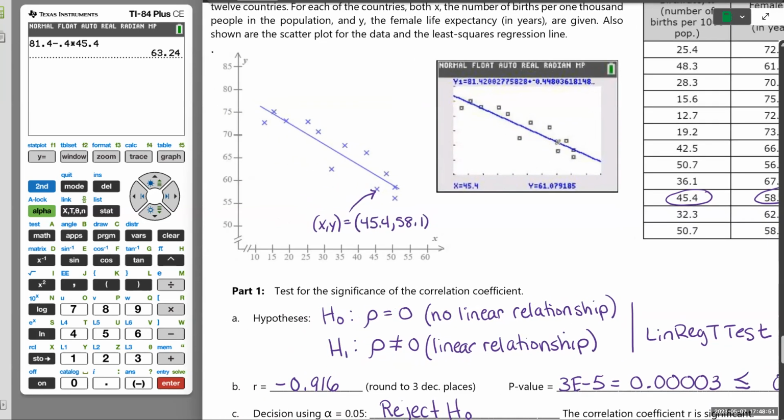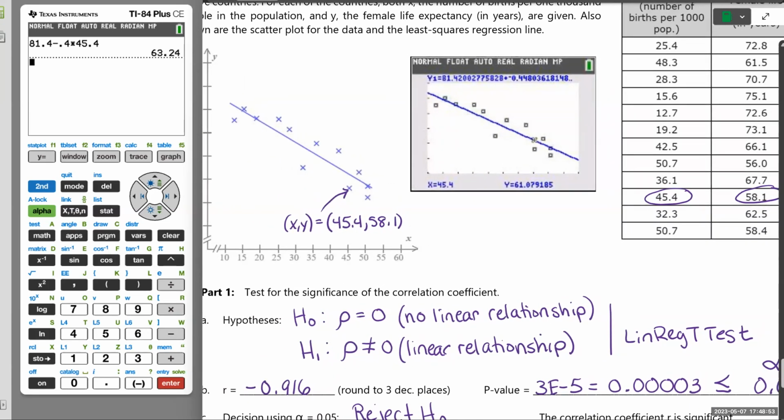And then the equation of the regression line, so that line was used to predict the female life expectancy. So for that same value of X right above it, that point on the line is the predicted value. So it's above the life expectancy for this country.